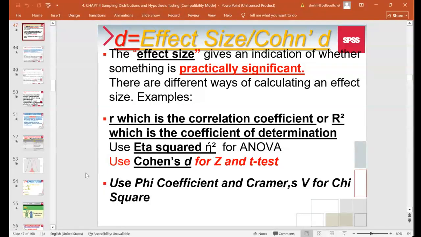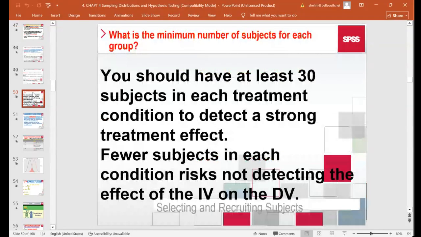When we get there, we'll talk more about this. This is more advanced stats. But for now, the only effect size you need to know is on top. It says Cohen's d, and it has a formula. We're going to go over it in a second.